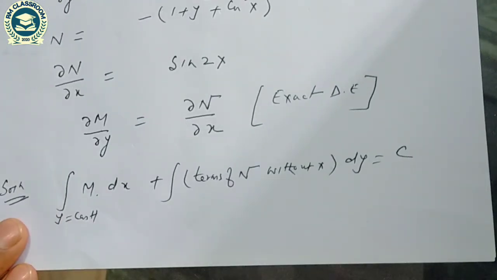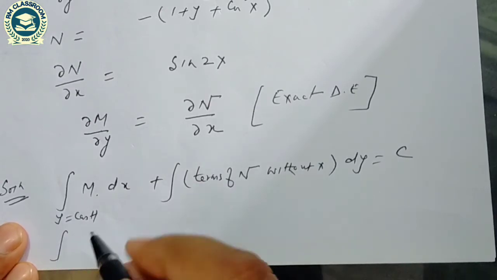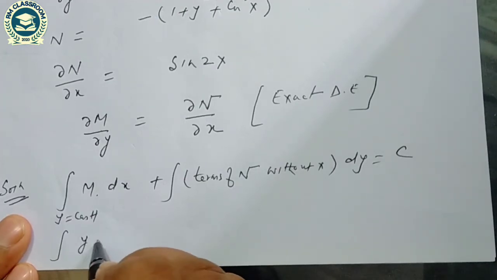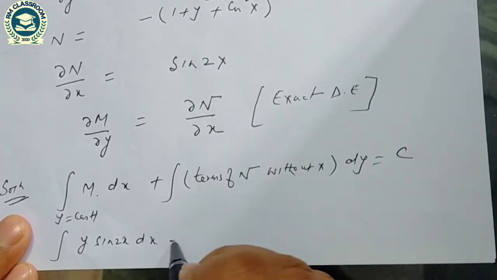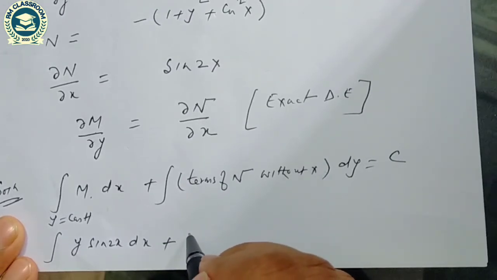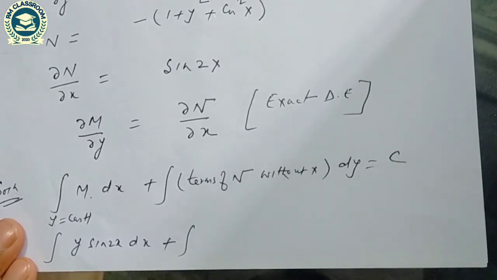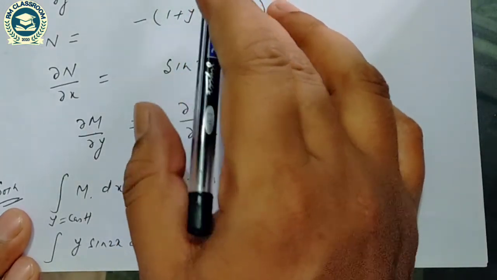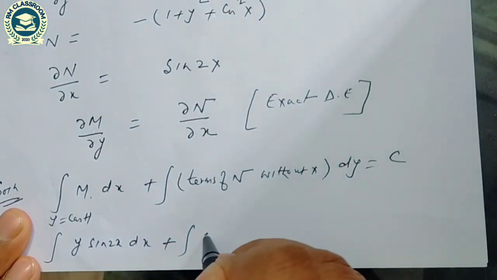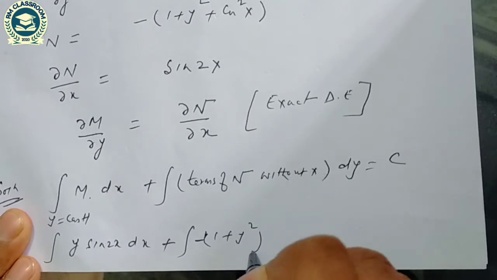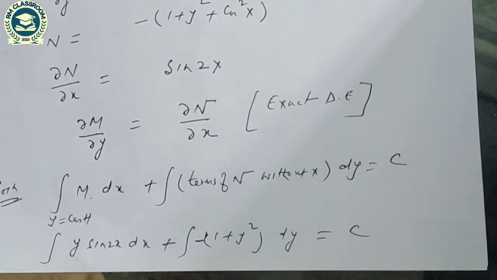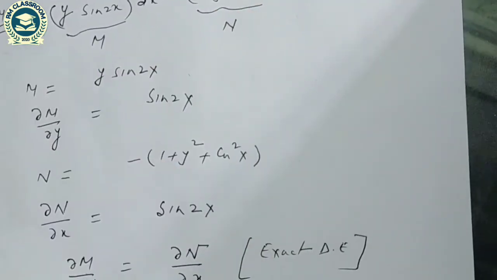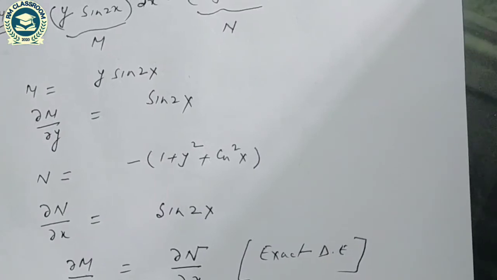So if I take m, m is y sin 2x, into dx plus the terms of n without x. So the terms of n without x are minus (1 plus y square), into dy is equal to constant, because cos square x is a term of x, so we don't have to consider it, as we have to take the terms of n without x.